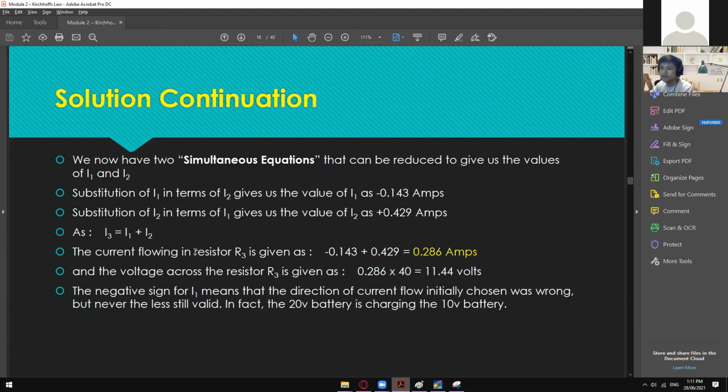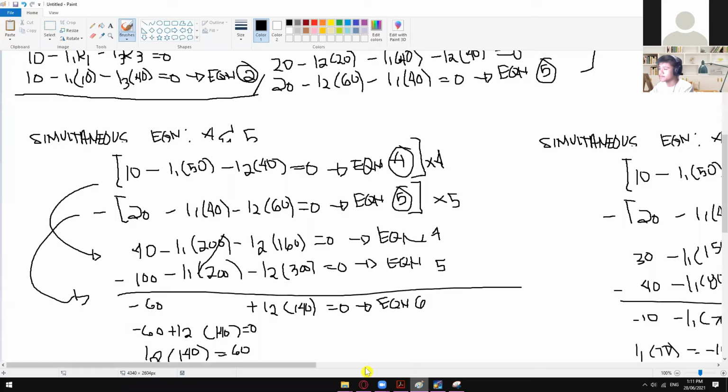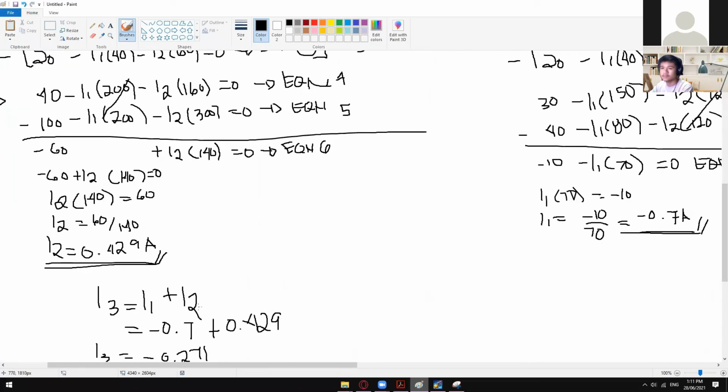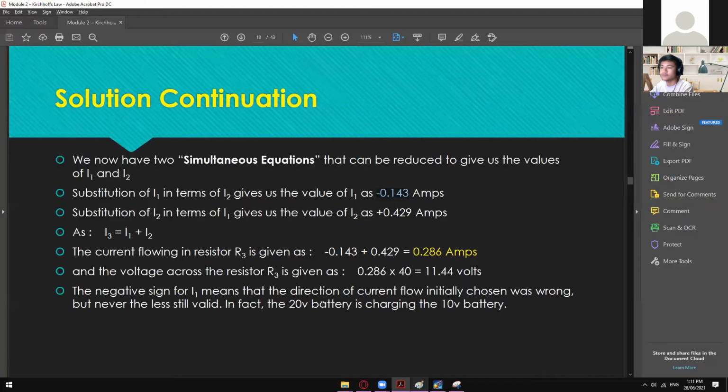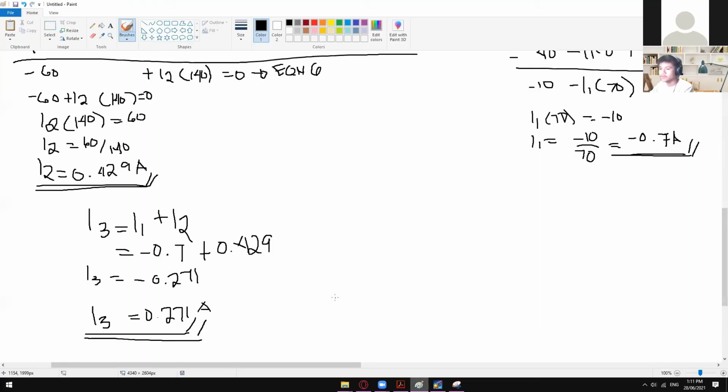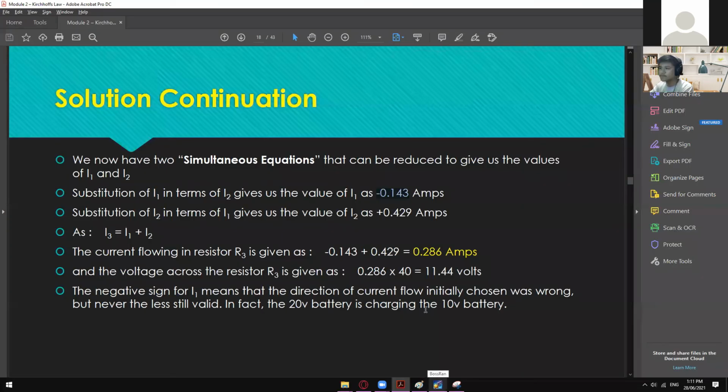After that you will get these results right here. We have here the I1, which is negative 0.143. Let's compare it. And then the other one is 0.429. Why did we get a different result in here, negative 0.143?